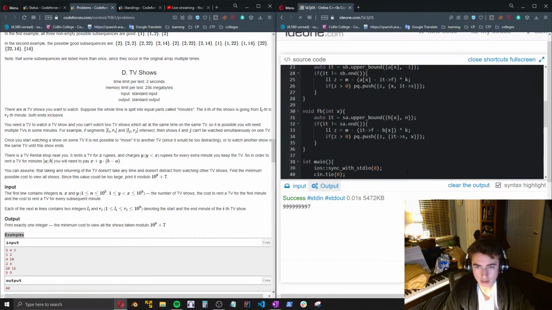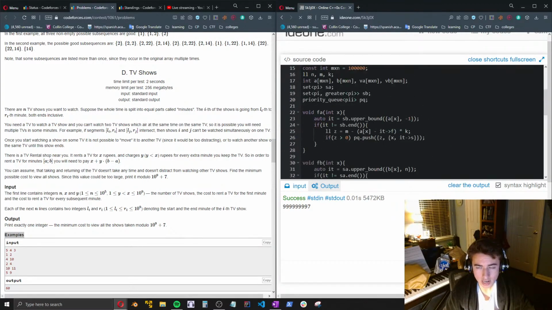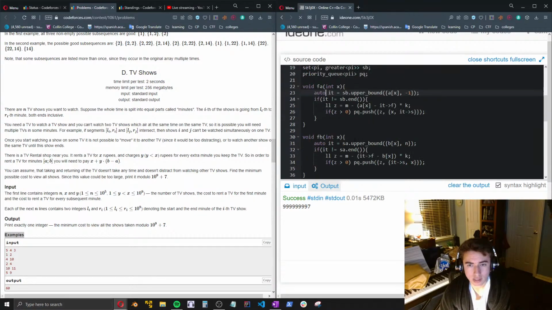Now for each interval endpoint, you have to find the other endpoint that it matches to, where the B_i goes to one greater than it.